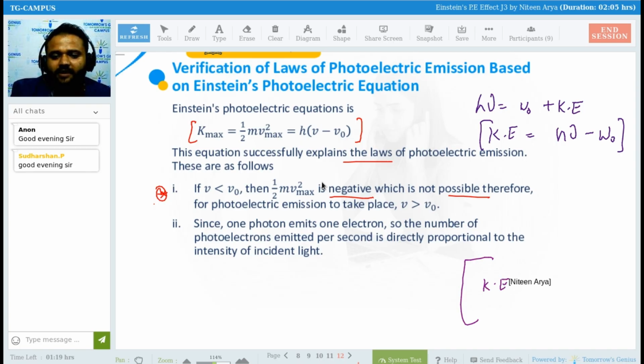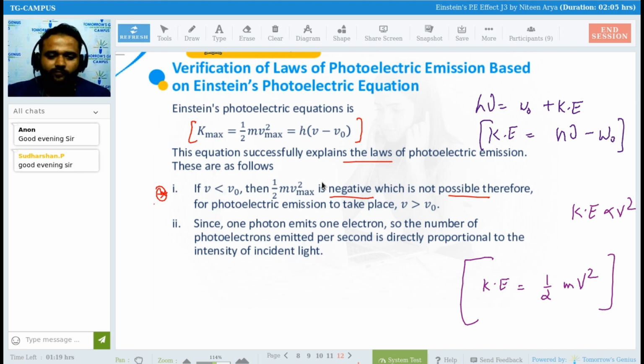See, generally, kinetic energy is half mv square. Clear, everyone? So kinetic energy is dependent on two things. Half is a constant, right? And v square never goes negative. Physically, if you multiply any vector quantity by itself, it gives you a magnitude, and the magnitude is positive.